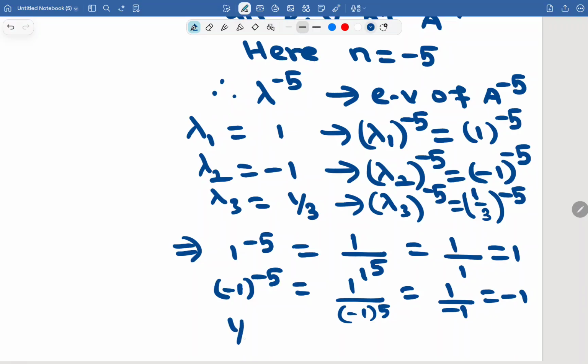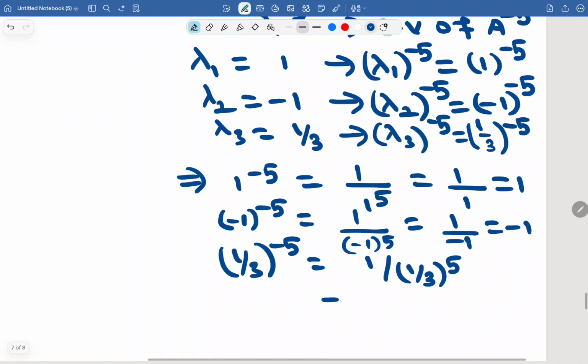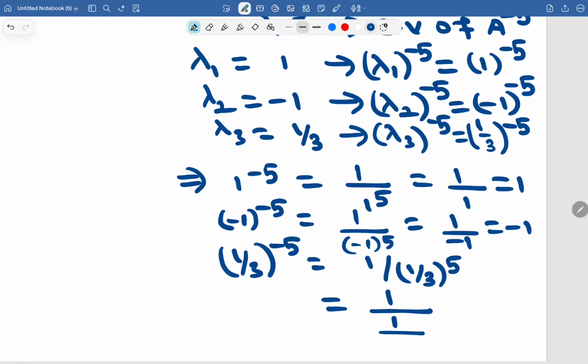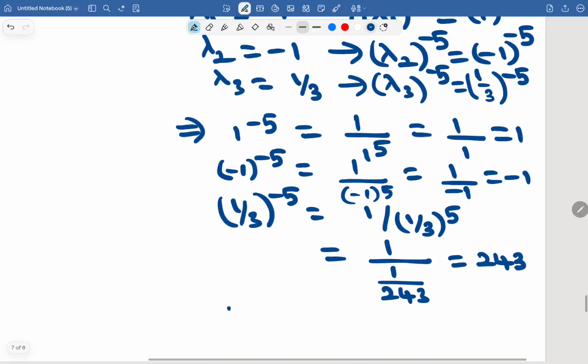What is 1 by 3 power minus 5? 1 by 3 power 5, which is equal to 243. This is nothing but 243.